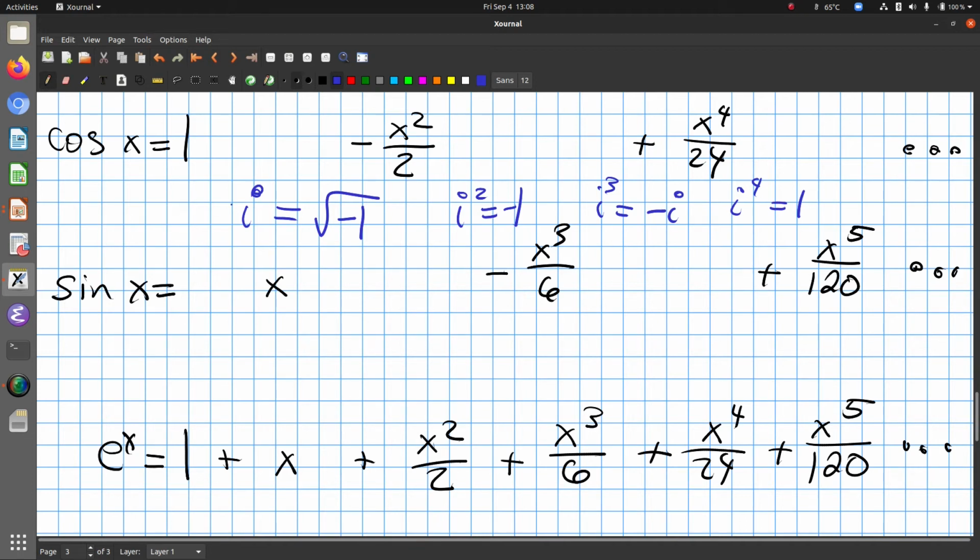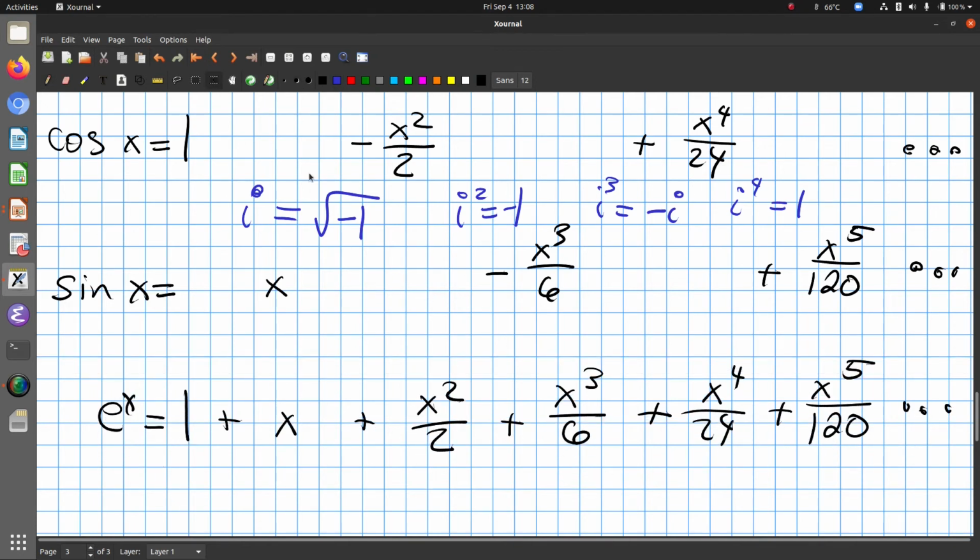This is one of those amazing little things that Euler has taught us. So what Euler said is, you know what, instead of evaluating the Taylor series for e to the x, let me look at e to the ix. The first term is just 1, and it's ix. The next one is i squared, x squared over 2. i squared, though, is -1. So let me write that out.